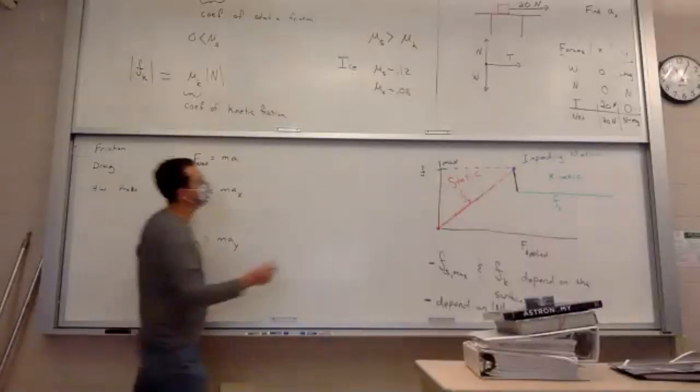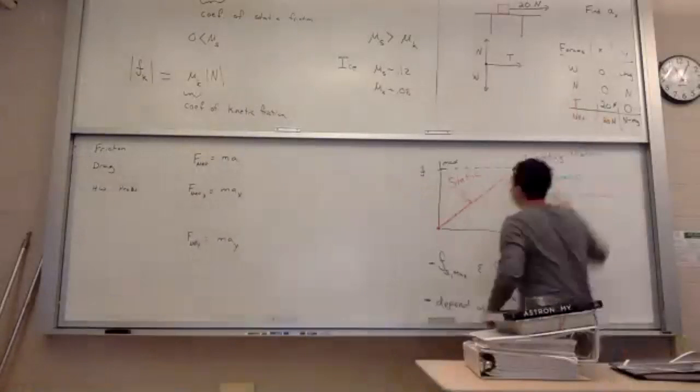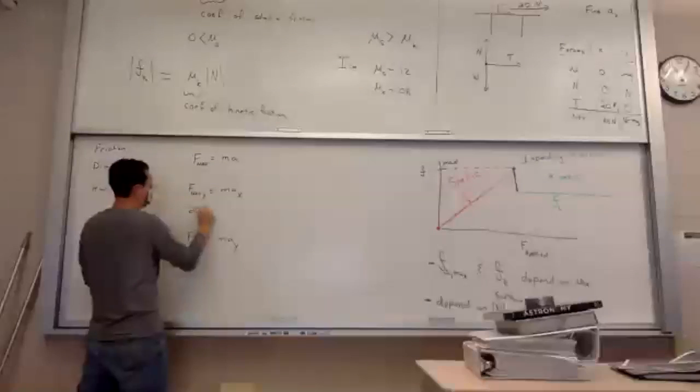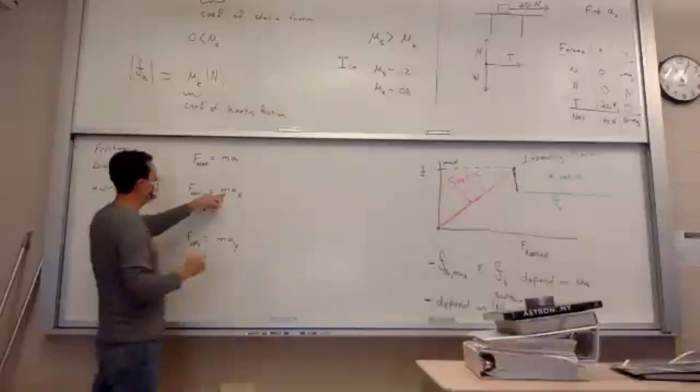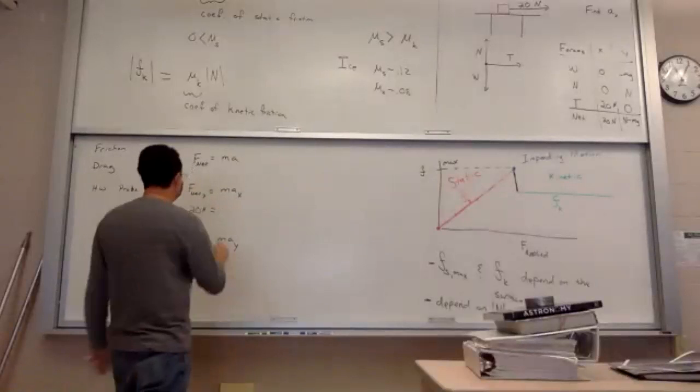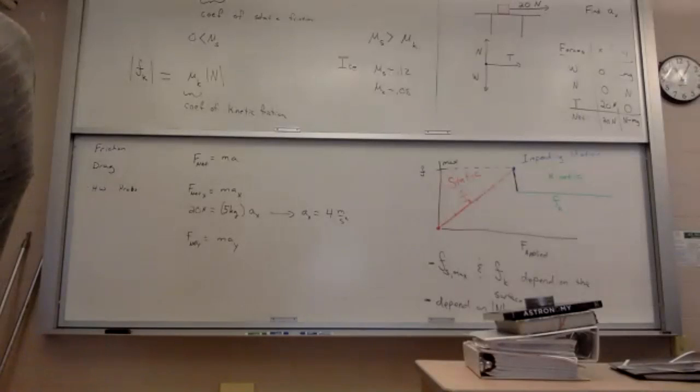This number, that's what I get by adding these up. That's 20 newtons. That equals the mass times the acceleration. The mass was 5. So that's the acceleration in the x direction.